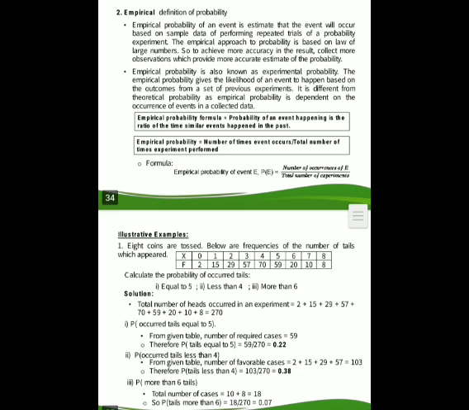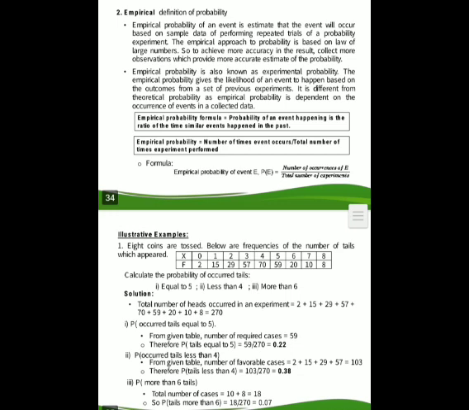Therefore, P(tails = 5) is equal to 59 over 270, which is 0.22. Occurred tails less than 4: from the given data, the number of favorable cases is equal to 2 plus 15 plus 29 plus 57, which is 103. Therefore, P(tails less than 4) is equal to 103 over 270, which is 0.38.